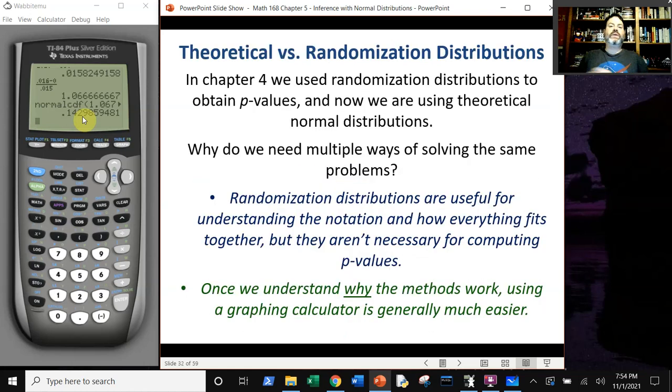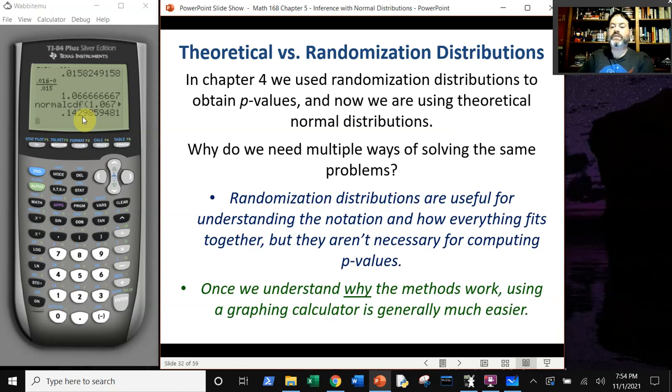So the last thing we want to touch on here before wrapping it up for this session is why are we introducing another new way of solving problems? Because that might seem like a lot of extra work. Randomization distributions work fine. Why are we doing something different? So that's explained by my 2 bullets at the bottom. Randomization distributions are useful for understanding the notation and how everything fits together, but they aren't necessary for computing p-values.